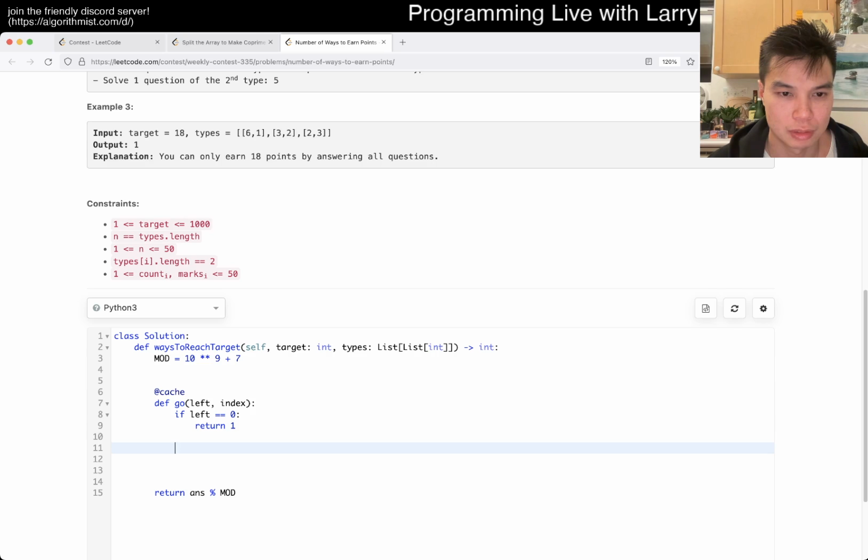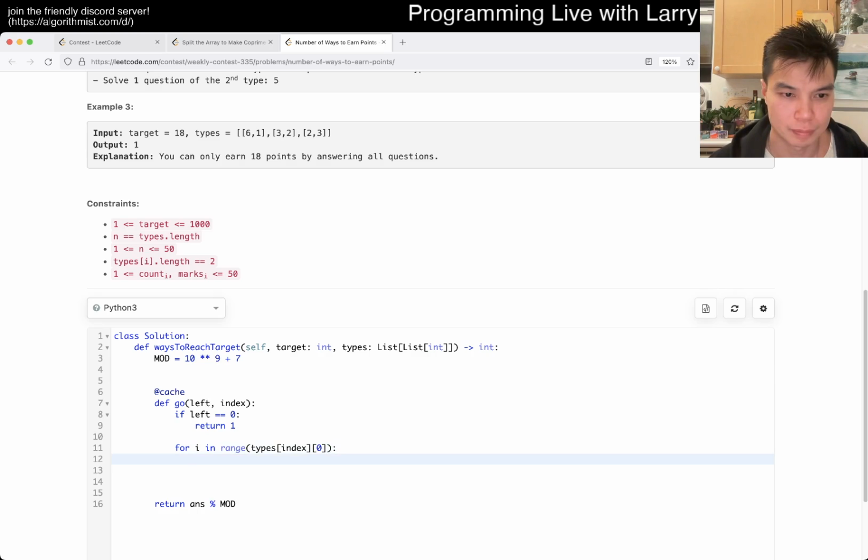I'm writing this in a dumb way. Okay, fine. No, that's the score. F of left minus i times types of.